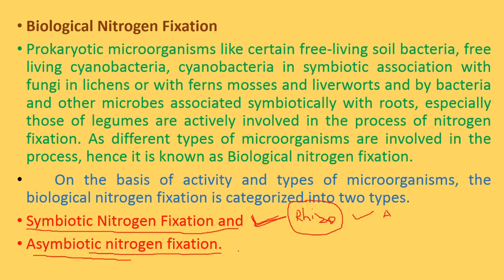The natural tendency of microorganisms like bacteria is responsible for the fixation of nitrogen in the soil. These bacteria fix atmospheric nitrogen and release it into the soil. Plants will absorb that nitrogen from the soil. So this phenomenon is known as asymbiotic nitrogen fixation.